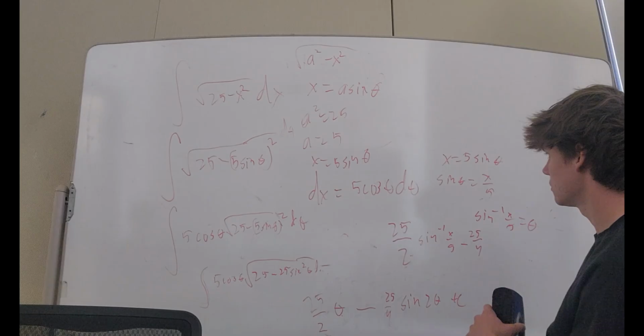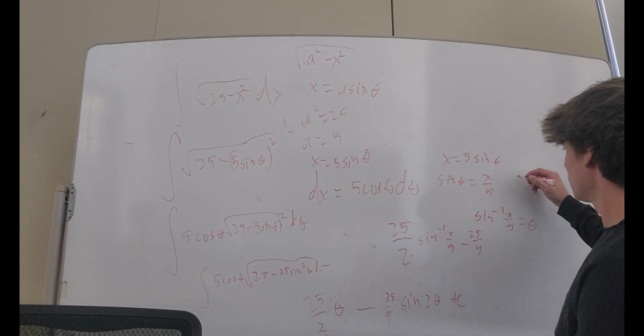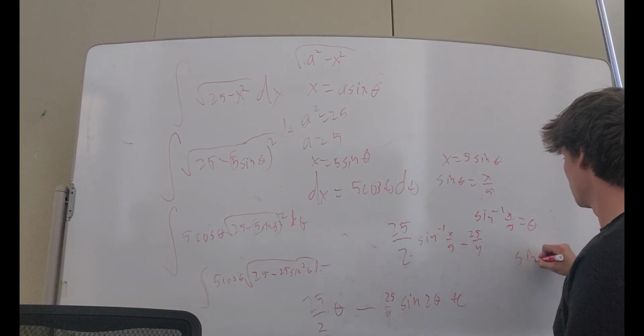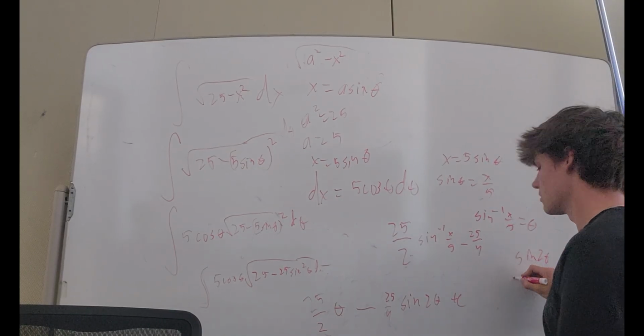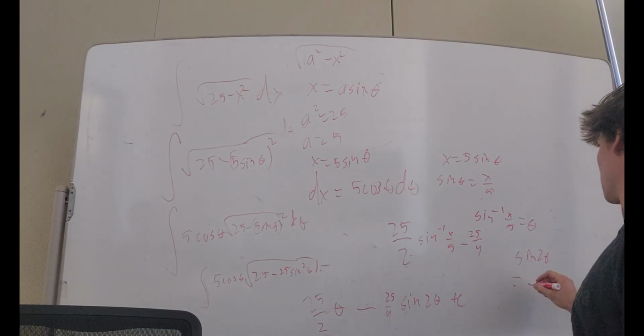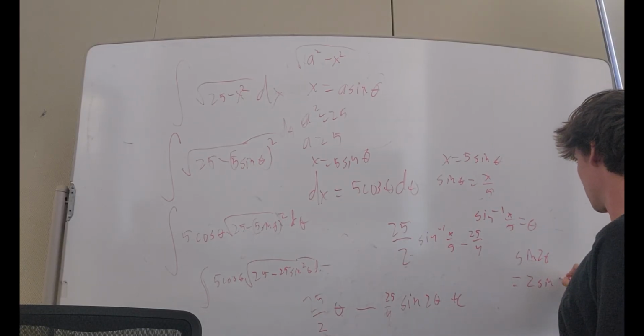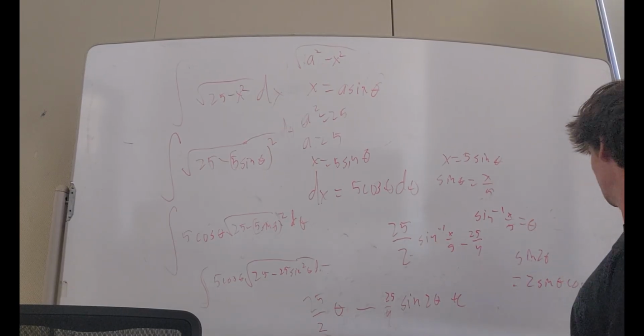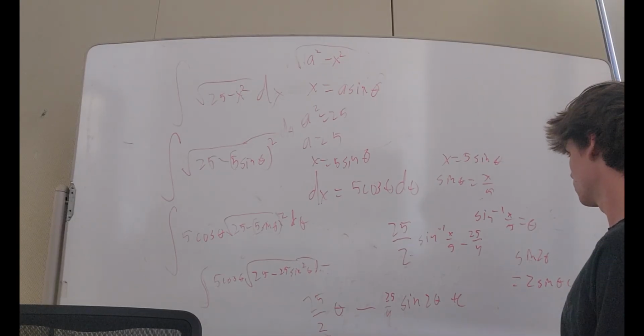Okay, so we know that sine 2 theta equals 2 sine theta cosine theta. I don't think you can just multiply by 2. Let's do it like this instead.